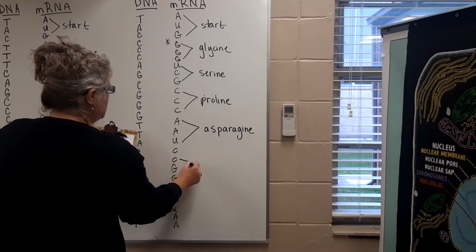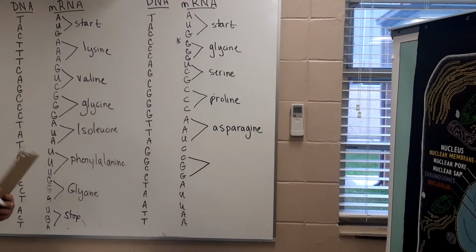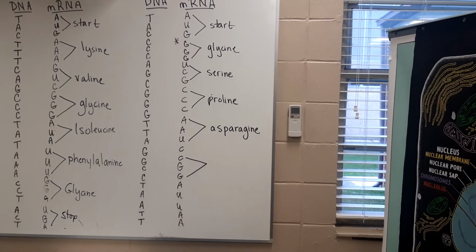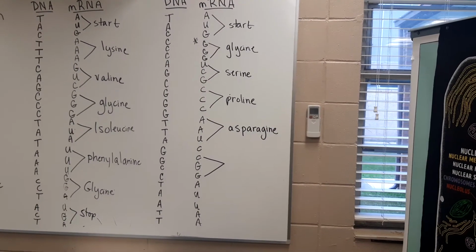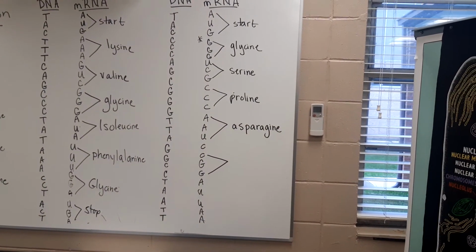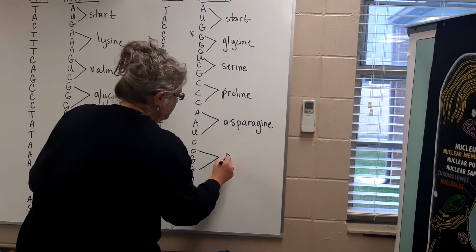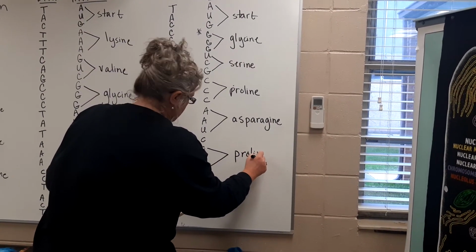Then CGG, I happen to leave off mine. Let's see, I'm going to look at my chart here. It's CCG, C, C, G, proline. I didn't have it filled in. If I didn't have my assistants, I'd be in a mess here today.